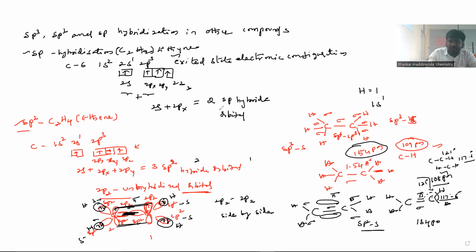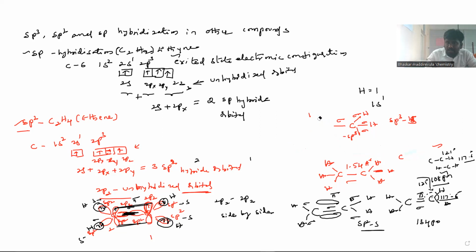Along with that we have two unhybridized orbitals, and these orbitals will orient along the central carbons.